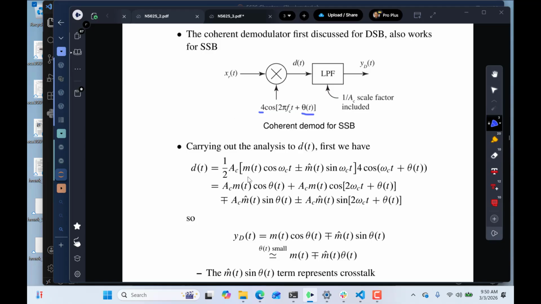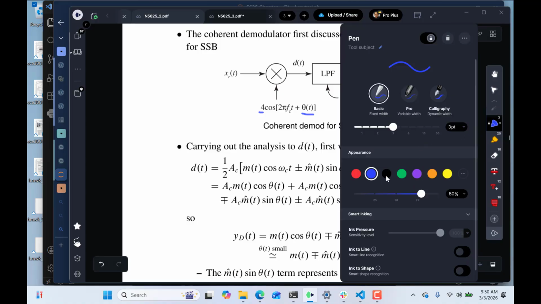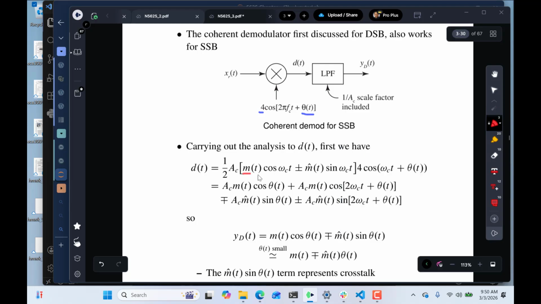So here, what goes on at this point is to just say, that represents the single sideband signal. From the analysis just before the break, we just flipped the sign, positive and negative, to be either upper sideband or lower sideband, and then we multiplied by a carrier that may or may not be coherent depending upon theta.